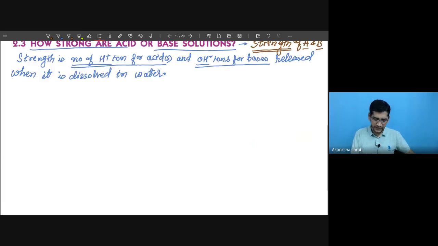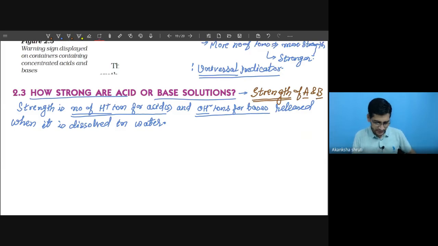So students, this strength simply means the number of H plus ions or OH minus ions. So the more the number, the more the strength.